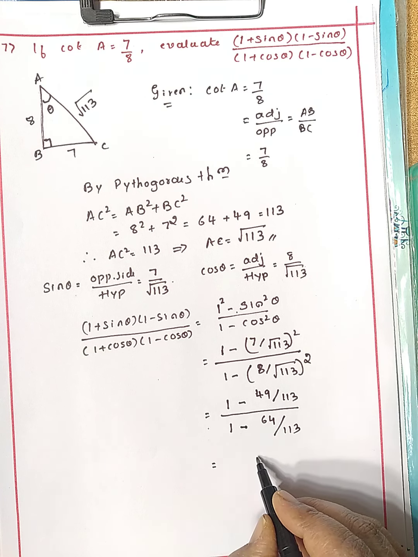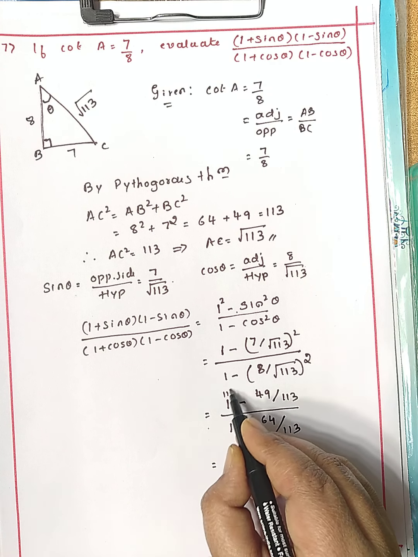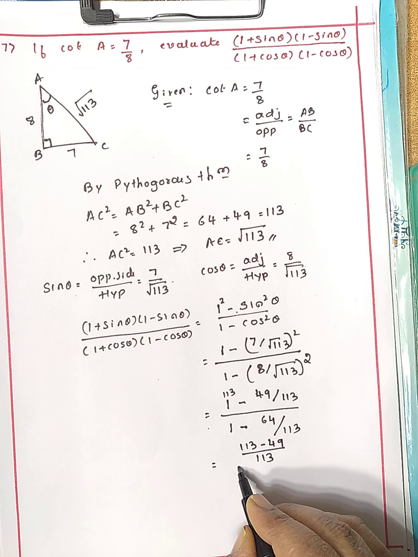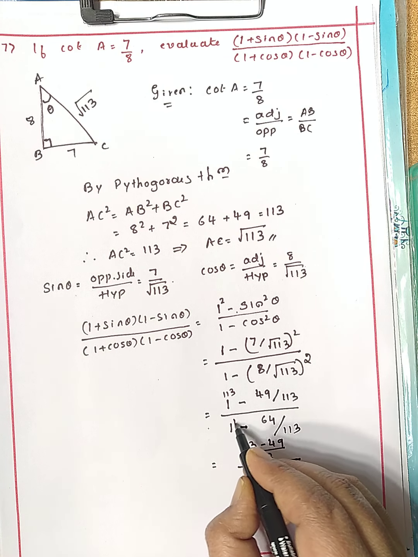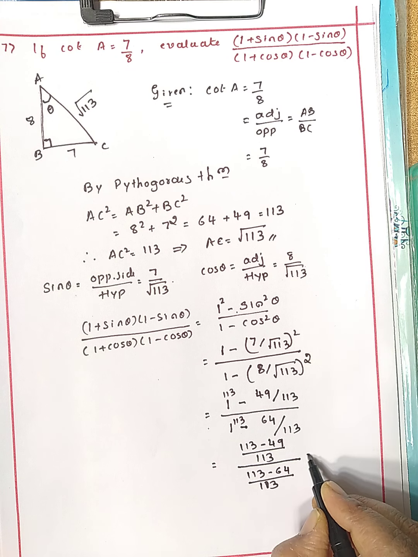Now take LCM. 113. This is 113. 113 minus 49 divided by again 113, 113 minus 64.